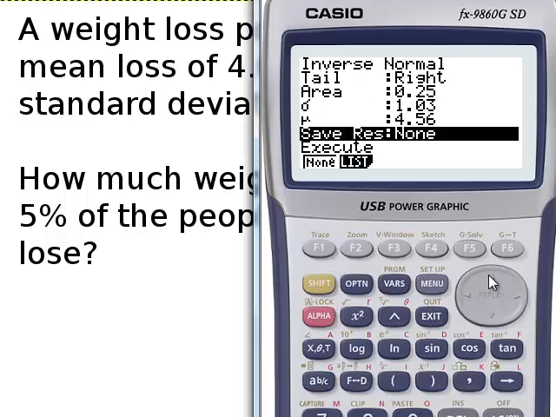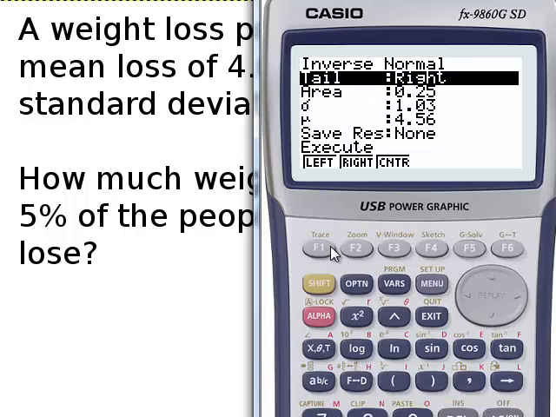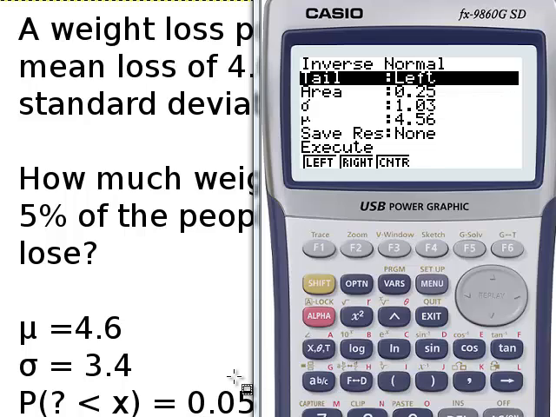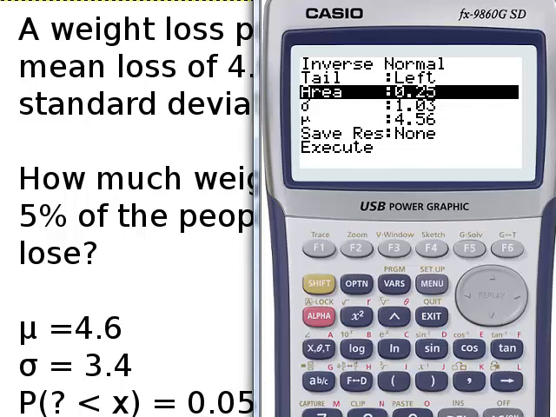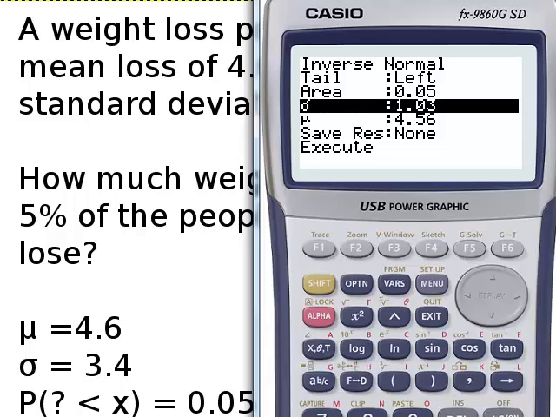We're going to calculate it, mix it up. This time we want the tail to the left because it is the lowest 5%. Our 5%, 0.05, is the area under the graph. Our standard deviation is 3.4 and our mean is 4.6.